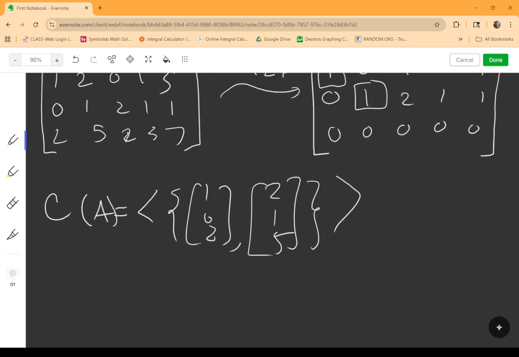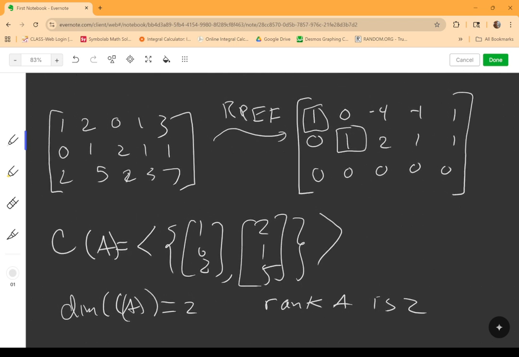We can see that the basis consists of two vectors. So the dimension of the column space of A is 2, or in other words, the rank of A is 2.